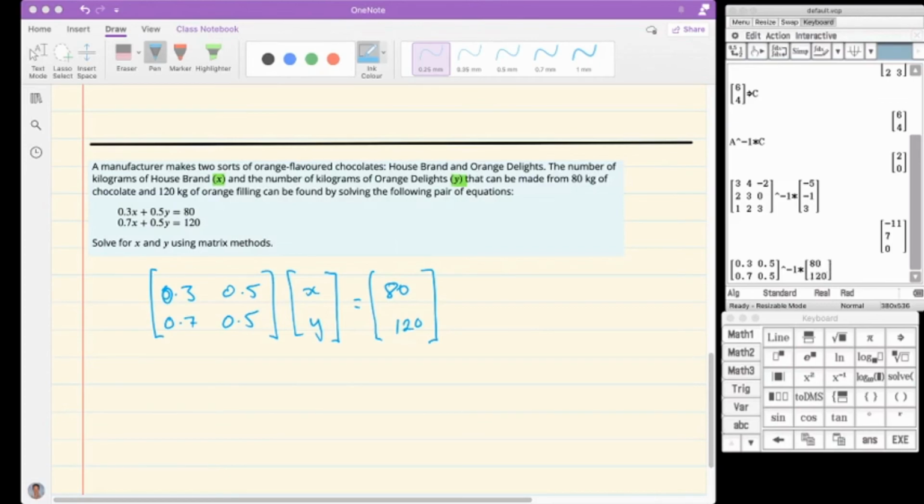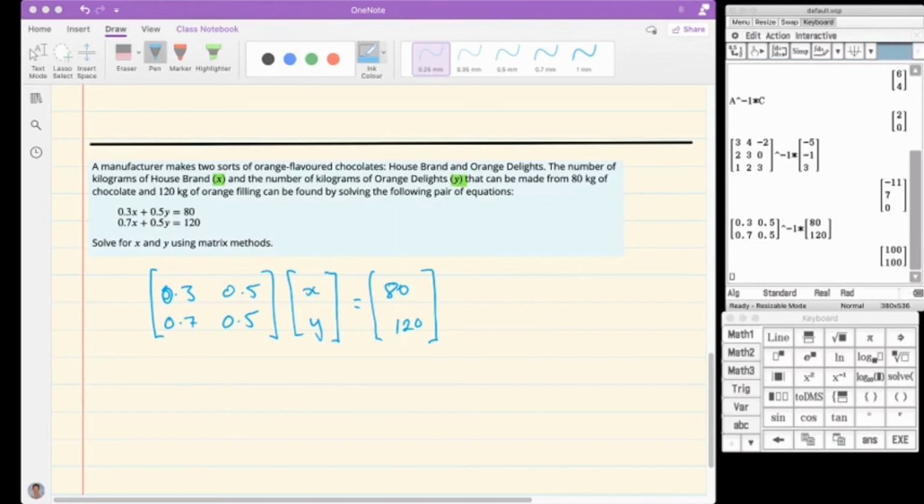Let that work itself out, and we get X and Y equal to 100 and 100. Okay, so what's it mean?